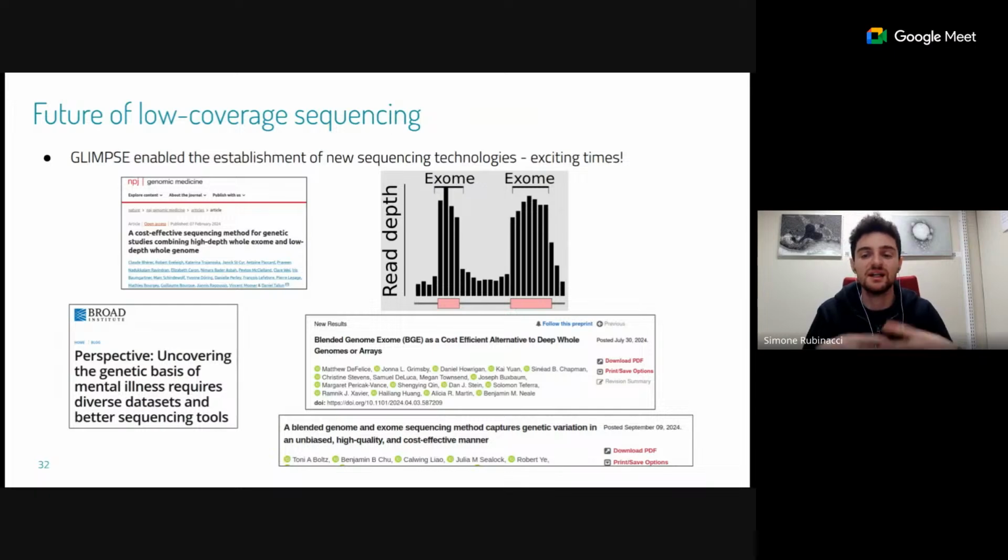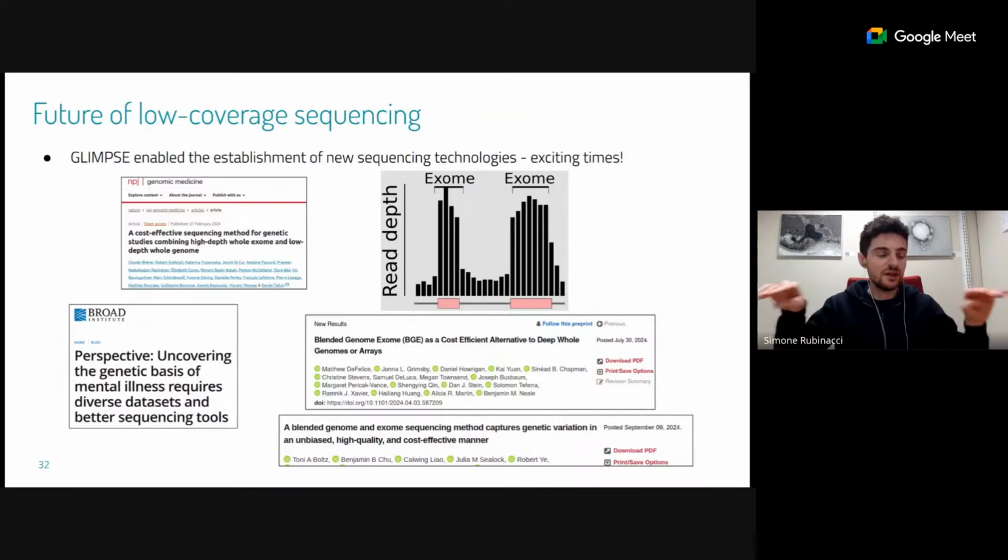And currently, hundreds of thousands of individuals are processed using these technologies, either in research, but also in pharmaceutical companies. They use similar assays where they genotype exome data and then use low coverage outside. So this is very likely how the future of low coverage whole genome sequencing will be shaped in large scale analysis. And it's very exciting that, method-wise, they're using the methods we have been proposing.